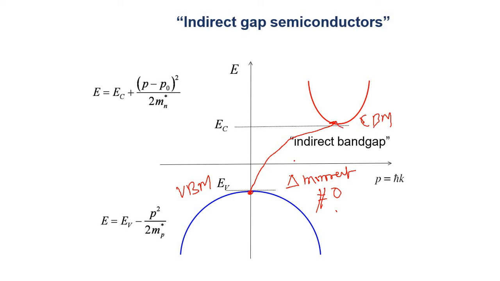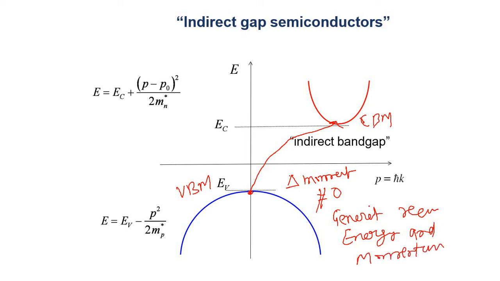It doesn't only need energy. It needs energy and momentum both. So generation requires energy and momentum as well. So that is the difference between direct band gap semiconductor and indirect band gap semiconductor.